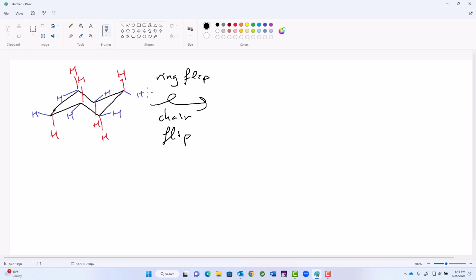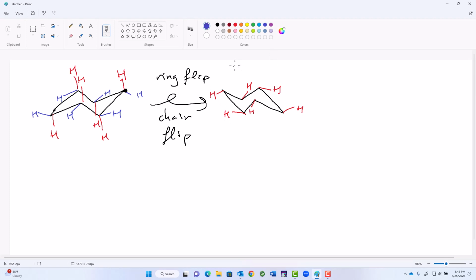The way to draw this is we would kind of do the reverse of this. If we have the point on the right, we would put the point on the left. And what we notice is that the axial and the equatorial hydrogens are going to swap places. So everything that was axial in the original ring is now going to be equatorial.